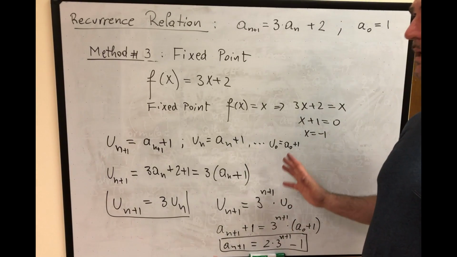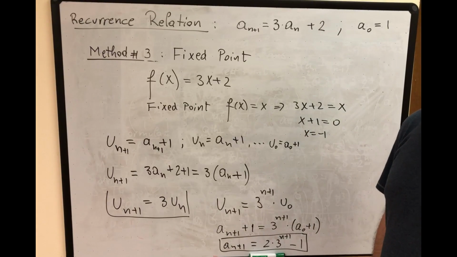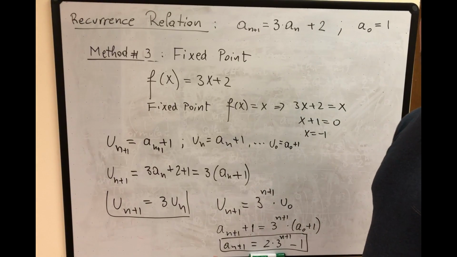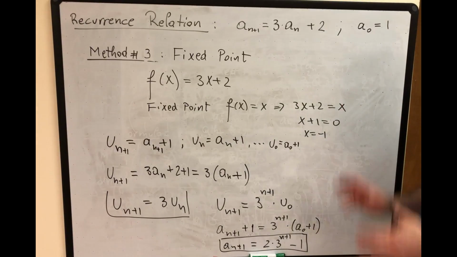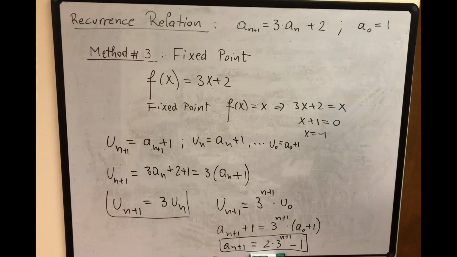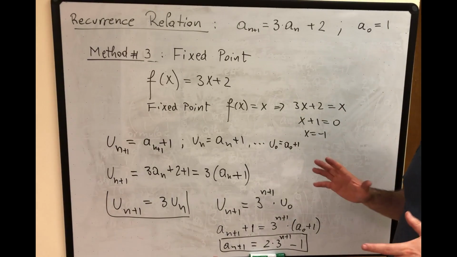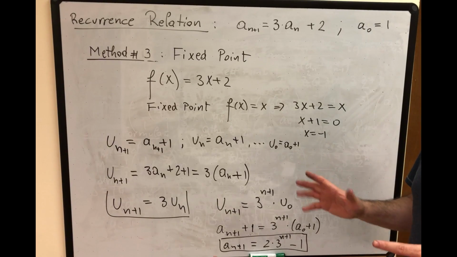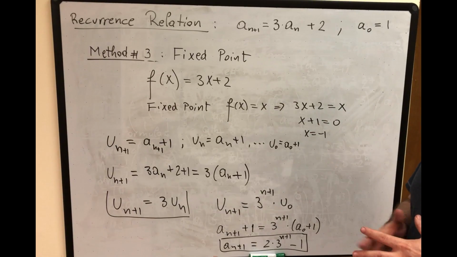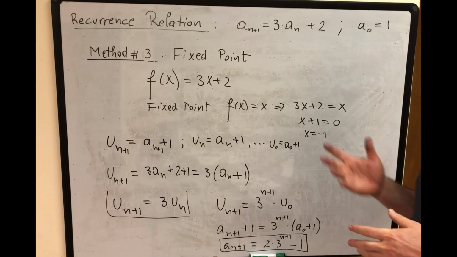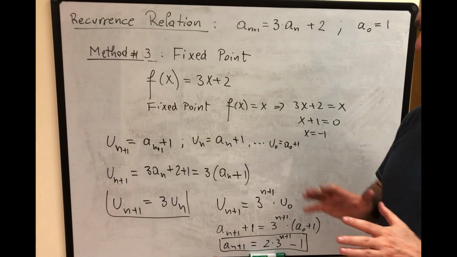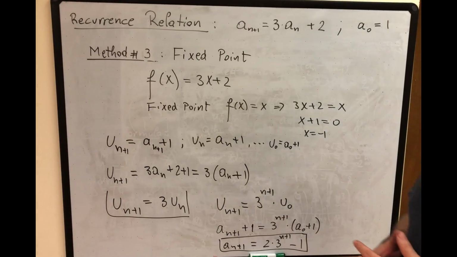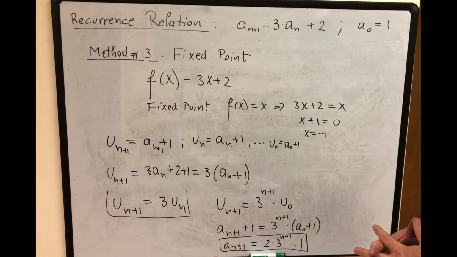So these were 3 methods you can use to solve a recurrence relation. As I mentioned before, this is my favorite. The downside of this method is that it is not always applicable. There are cases of recurrence relations where you cannot use this method. So iteration is usually better in terms of how general the method can be.